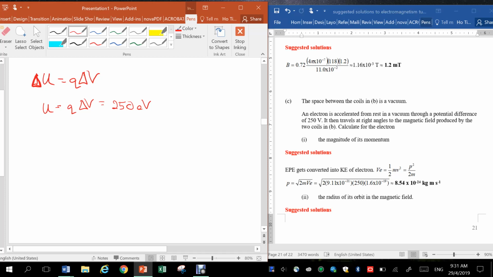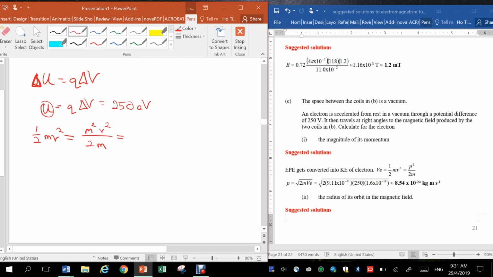Okay, so here we have a little bit of kinematics involved. This energy is half mv squared, so half mv squared equals U. We can also rewrite this in terms of momentum, p squared over 2m. In case you don't know, if I multiply by m in the numerator, I get m squared v squared over 2m.